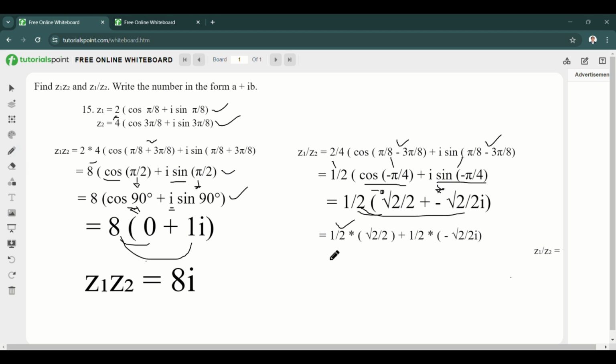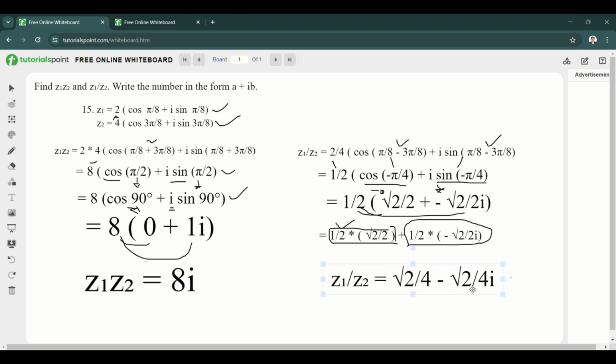So by evaluating the values of these two, we will now have the value for the quotient of z1 divided by z2 equals square root of 2 over 4 minus the square root of 2 over 4i.